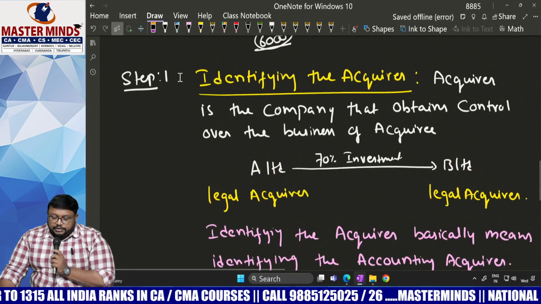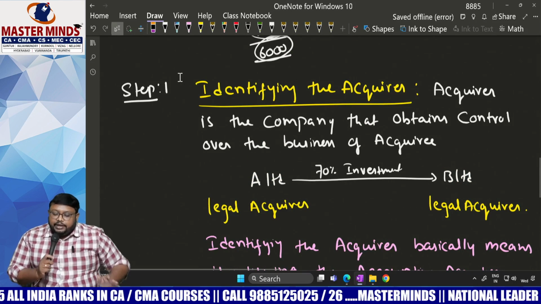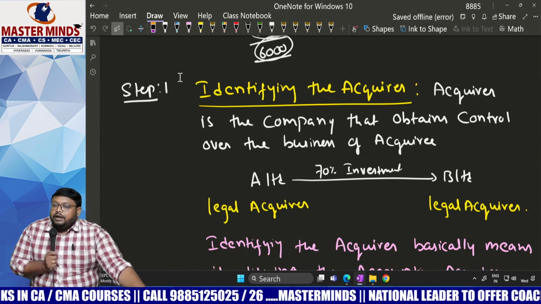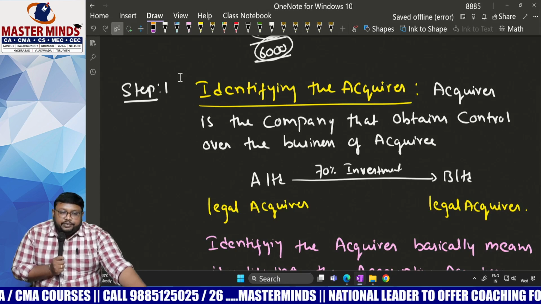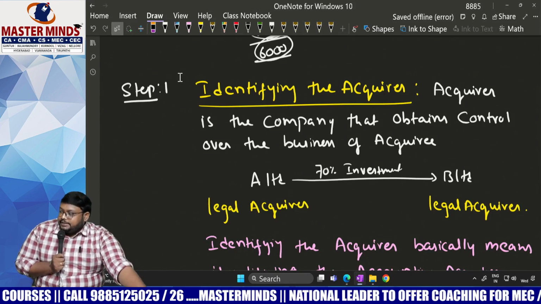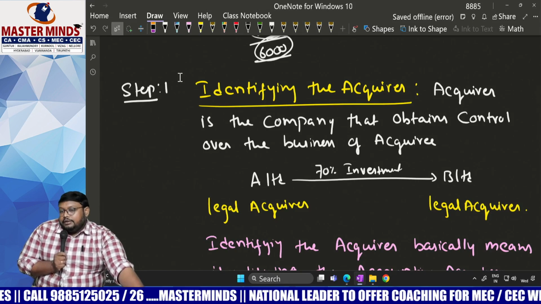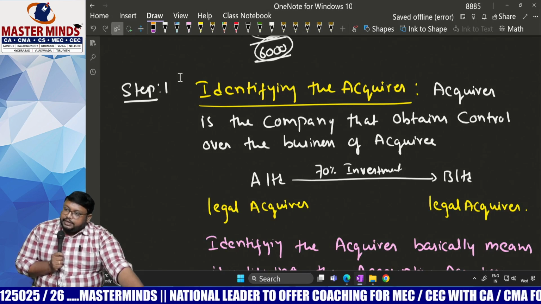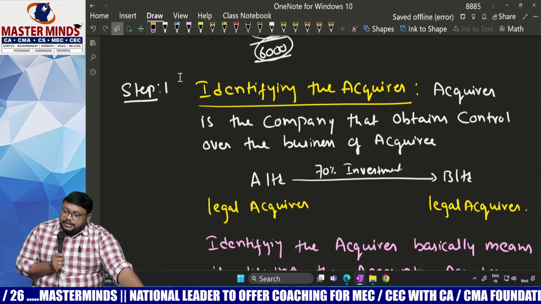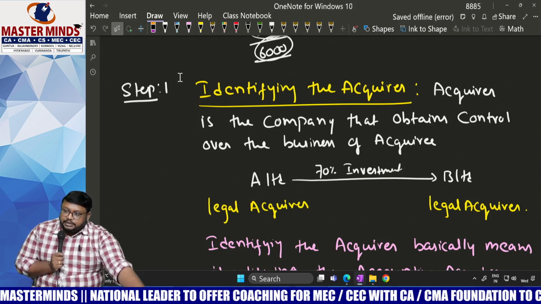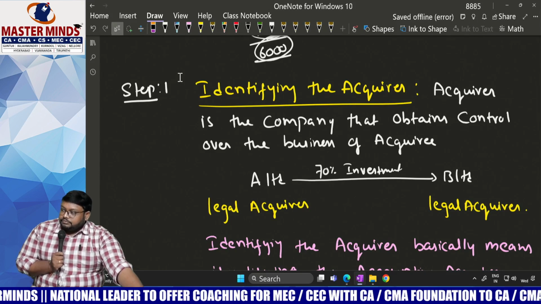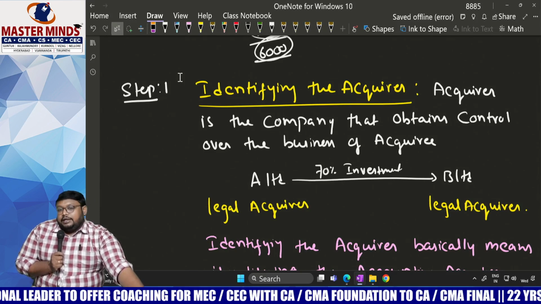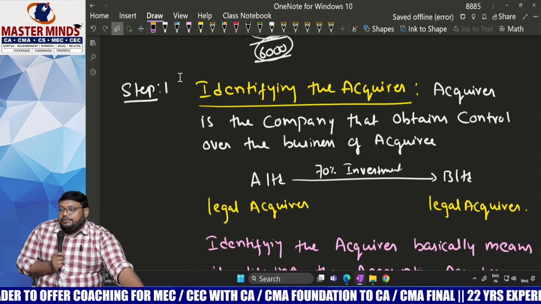So what is the first point? Identifying the acquirer. How to identify the acquirer company? From a general point of view, when you see the legal acquirer, identification is easy. But we want the accounting acquirer. Most of the cases, legal acquirer and accounting acquirer are the same. But in case of reverse acquisition, it will be opposite. In reverse acquisition, the legal acquiree will be the accounting acquirer.